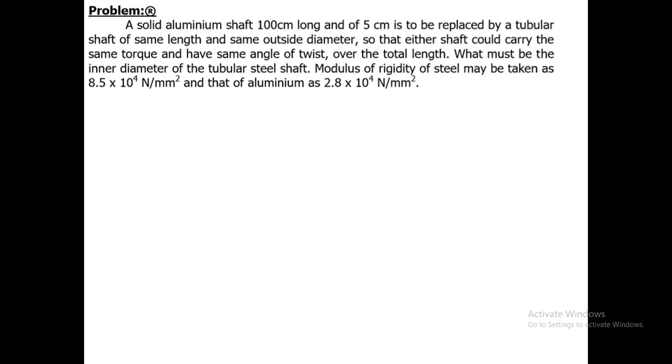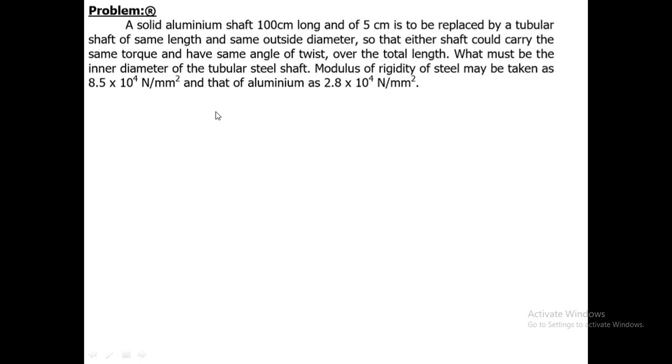Similarly, we have one more problem here. We have a solid aluminum shaft with 100 centimeter length and 5 centimeter diameter. It is to be replaced by a tubular shaft of the same length and same outside diameter. So we are replacing the solid aluminum shaft with a hollow aluminum shaft, where the outside diameter of the hollow shaft will be the same as the diameter of the solid shaft.